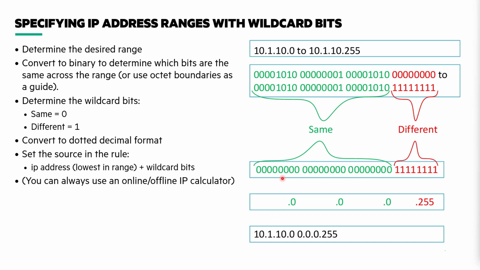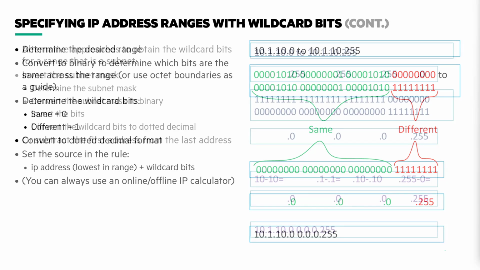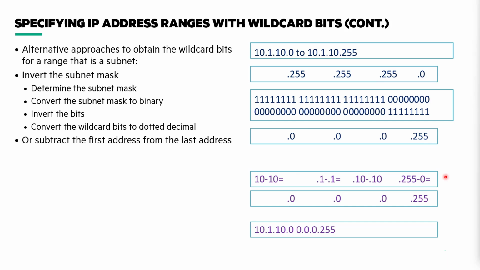I will use zeros in the first 3 octets, and in the last octet it can be a range between 0 to 255, so I will put 255. This is similar to the case where you have a normal subnet mask with the host portion and the network portion, but you reverse it. The ones in the subnet mask become zeros, and the zeros in the subnet mask become ones. And you have the flexibility to control the way it works.